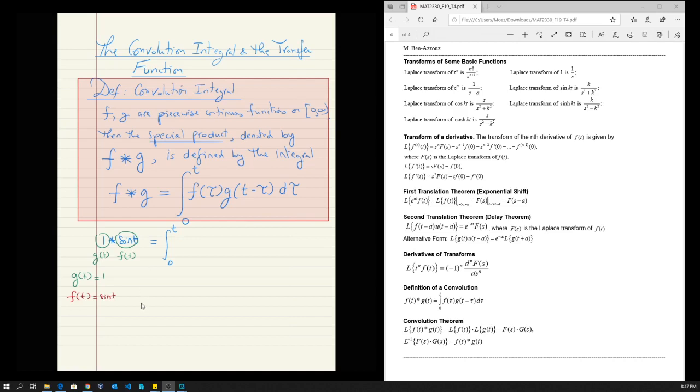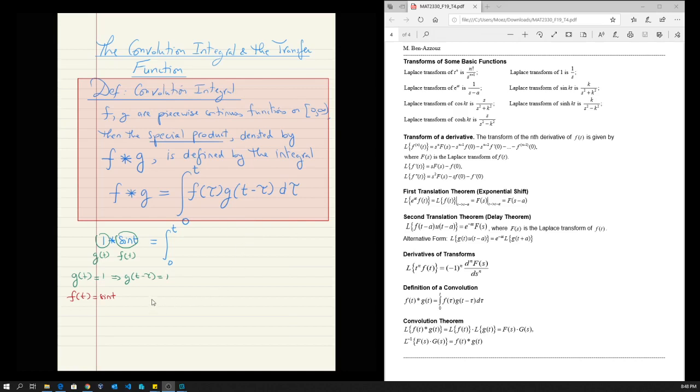But remember, what's supposed to go inside the integral are f of tau and g of t minus tau. So good news: g of t minus tau is still going to be 1, because 1 is just a constant. So that makes my life easier. Inside the integral, I'm going to get a simpler function in there.